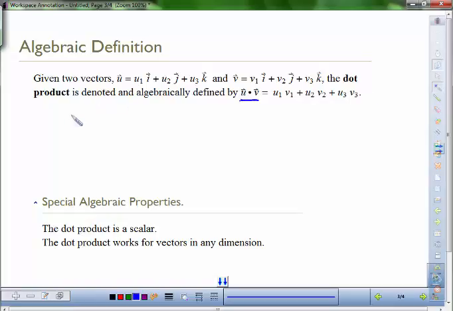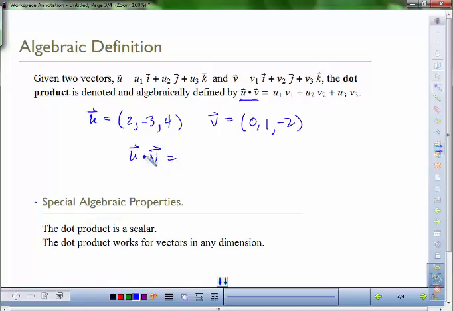So that means, as an example, if you have U equals 2, negative 3, 4, and V is 0, 1, negative 2, then the dot product is computed.